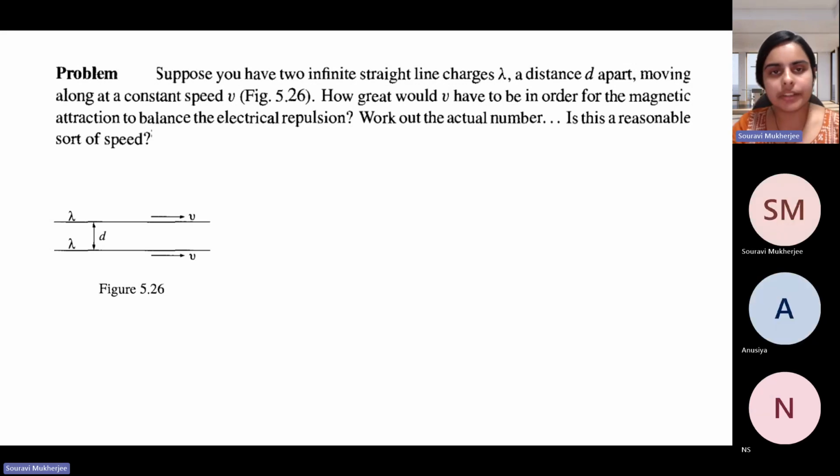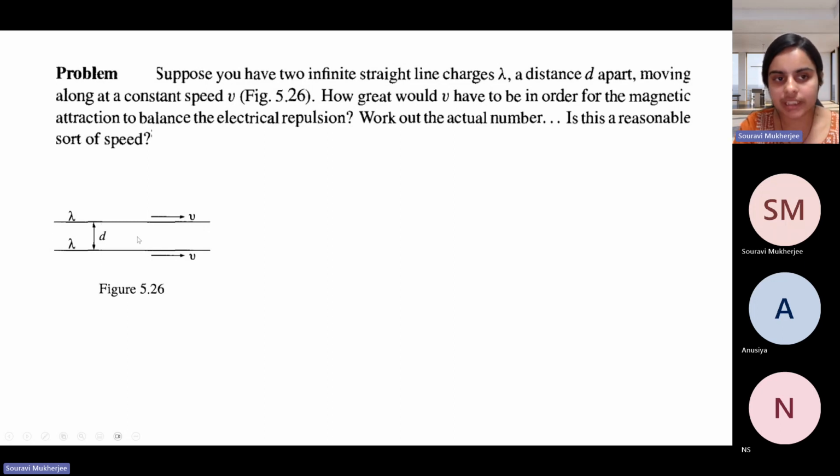So in this case, you have two infinite straight line charges, lambda, at a distance d apart, moving at some constant speed v. Basically, this is a line along which lambda charge per unit length is moving at a velocity v, and another wire is this, which is at a distance d.